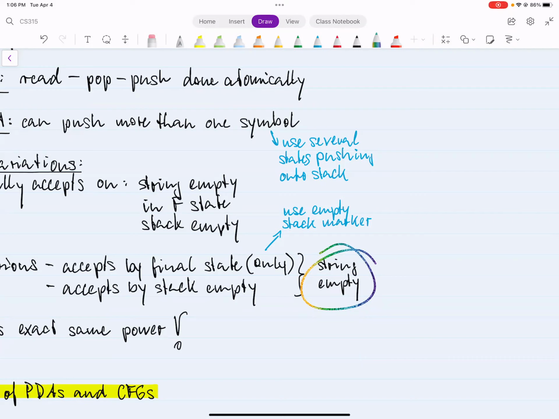So we put an empty stack symbol at the bottom of the stack when we start, in our very first state transition. And then in this machine, sitting somewhere in an acceptance state, what we do is we lambda from that state, and that state should be a final state.